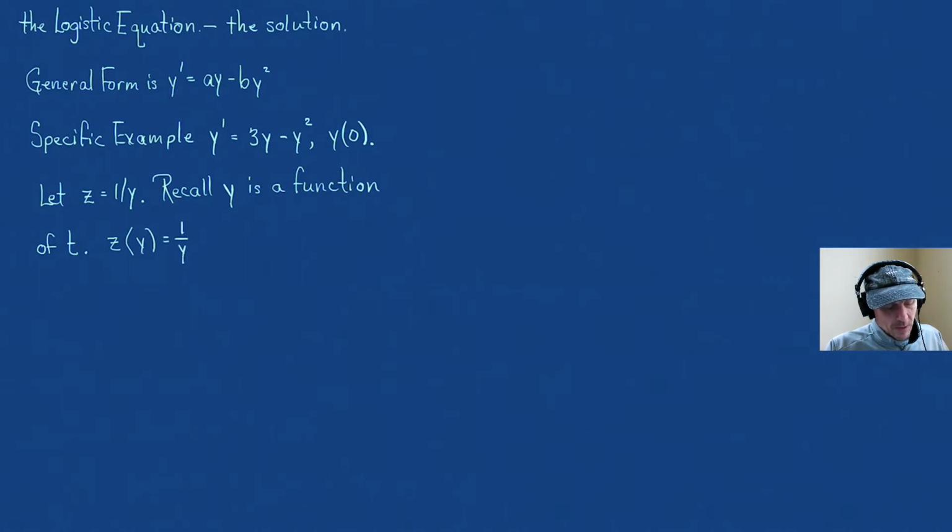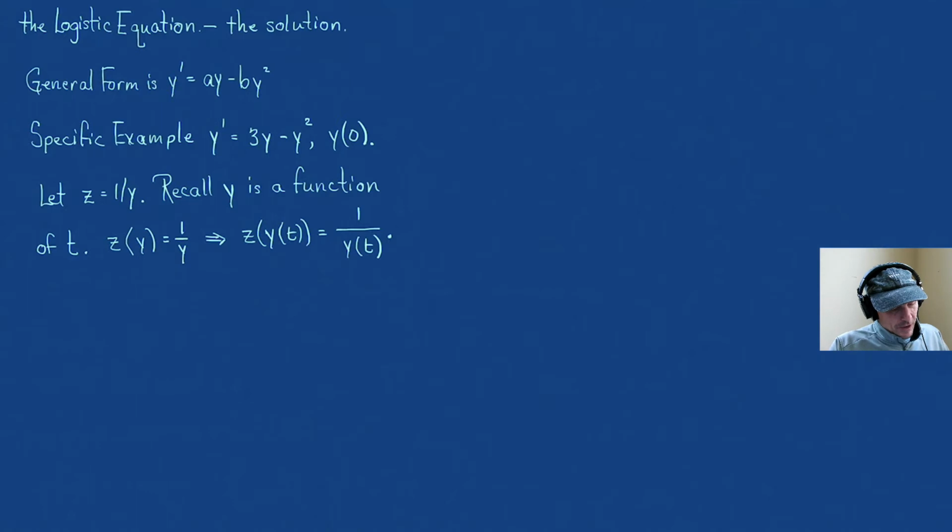But y is a function of t. So if I really want to detail this out, z, which is a function of y, which is a function of t, is equal to 1 over y of t. That's the substitution we're going to make, and let's see how that helps us solve this problem.